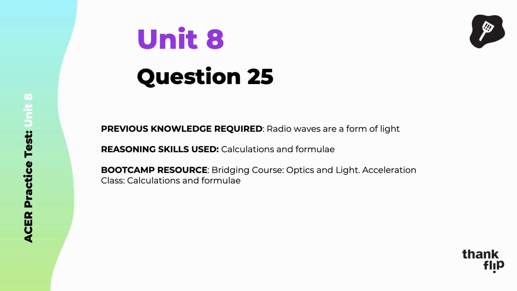And so when you calculate the diameter of the radio bubble using the light year, you get the correct answer anyways. So even if you didn't know that radio waves are a form of light, that's something that you could have inferred just based on the amount and kind of information they've given you. So the resources that could be helpful for this are the bridging course on optics and light, but then mostly the acceleration class on calculations and formulae.